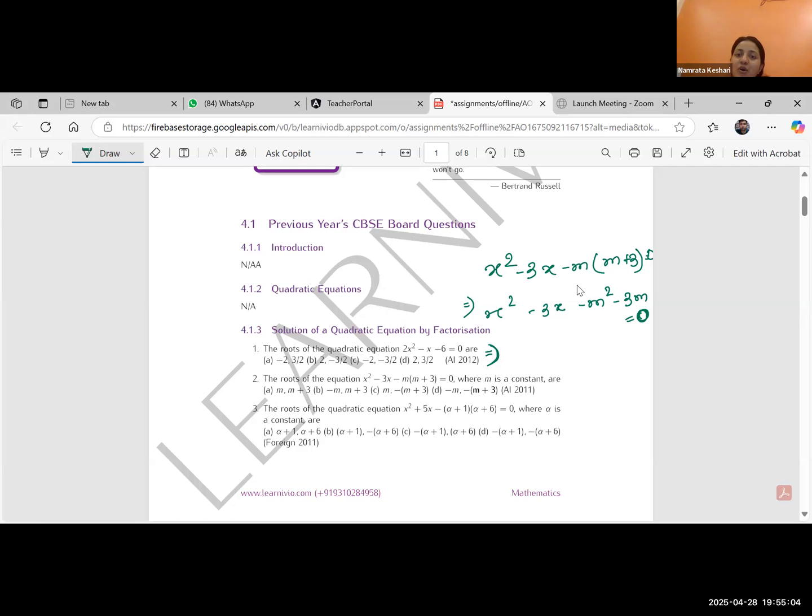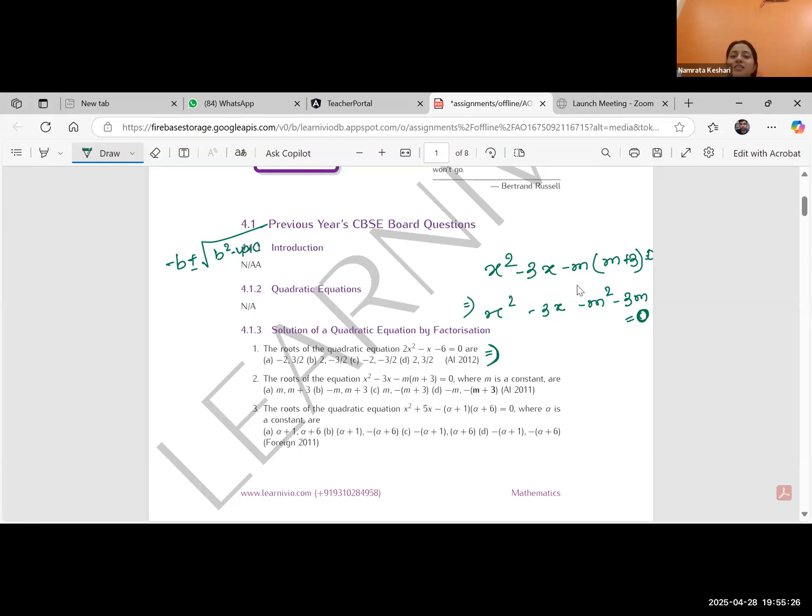Yeah, okay, we can use this rule as well. When nothing works, then quadratic formula: minus b plus minus under root b square minus 4ac. This one is quite time taking, but when nothing works, it's better to use this formula rather than wasting our time, right? Yes, ma'am.